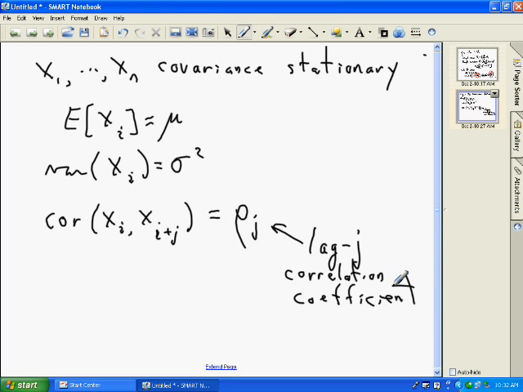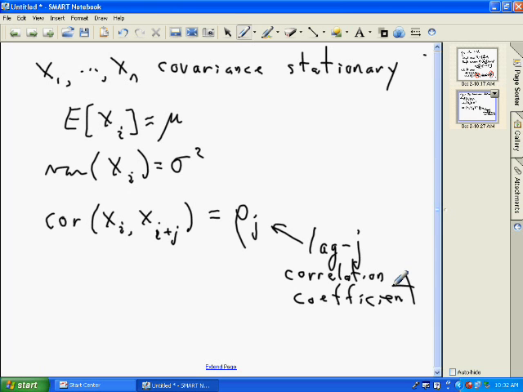A long time. Chances are I'm going to have to wait a long time. But if I ask the guy that came out 3 hours ago, how long did you wait? Not very long. That's not too relevant for me because it's been a long time. So as the lag increases, we'd expect correlation to decrease.